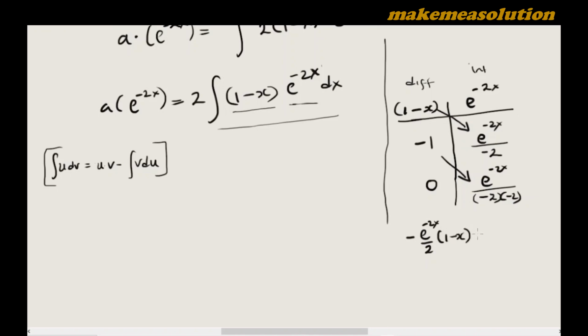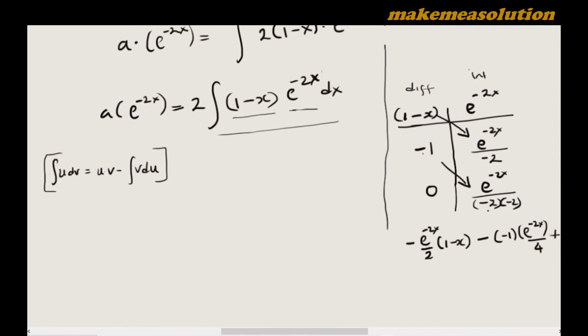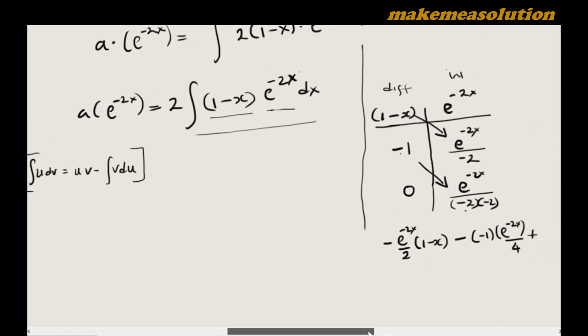Remember, we are subtracting from the product of this and this, so there is a minus 1, then you now have exponential minus 2x over 4. So I'll now put my constant of integration. Oh, sorry about that. I'll put my constant of integration.